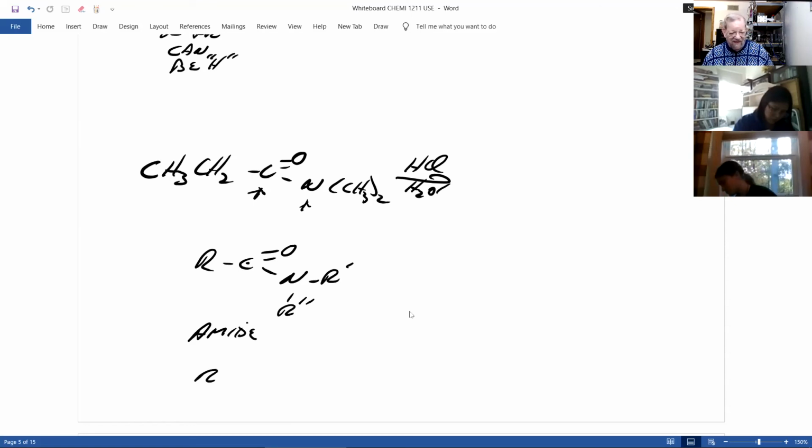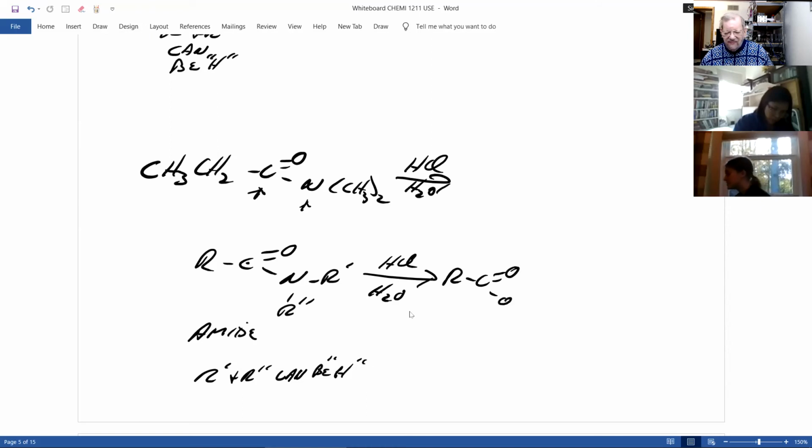R prime and R double prime can be hydrogen, but in this example, they're not. One or both or none can be a hydrogen atom. And when you react it with acid and water, you get acid hydrolysis of an amide.